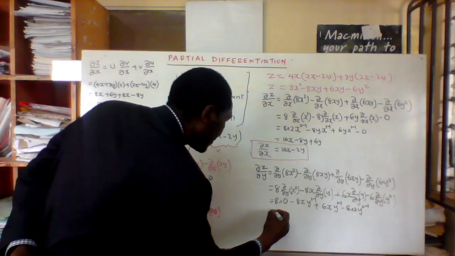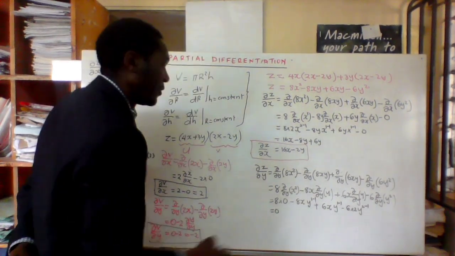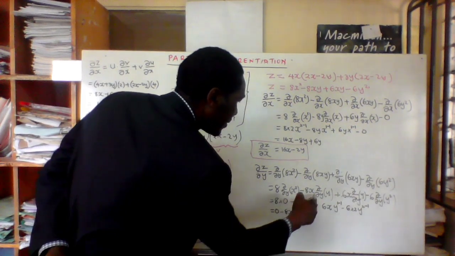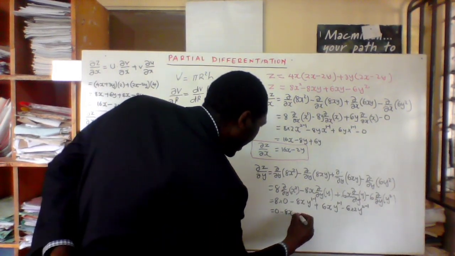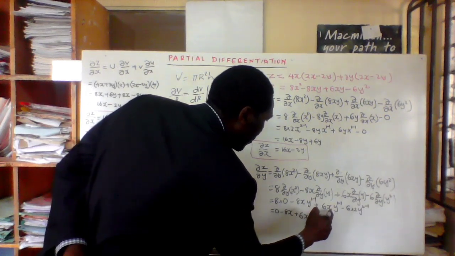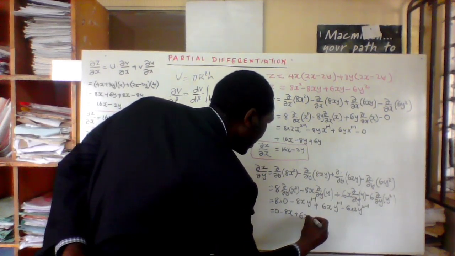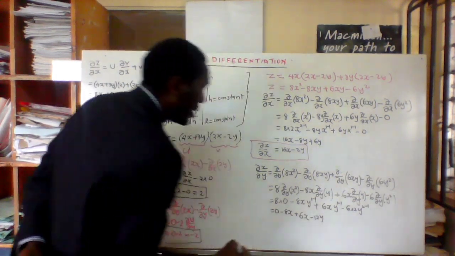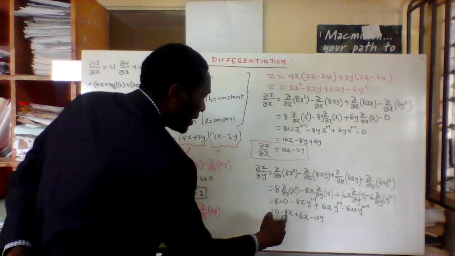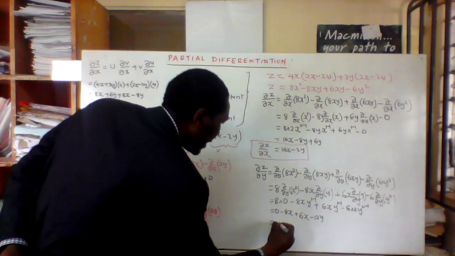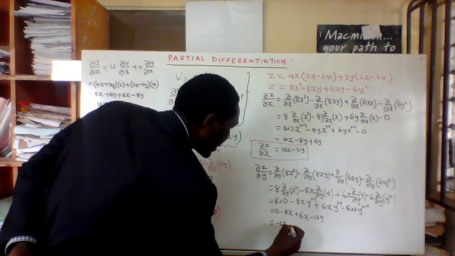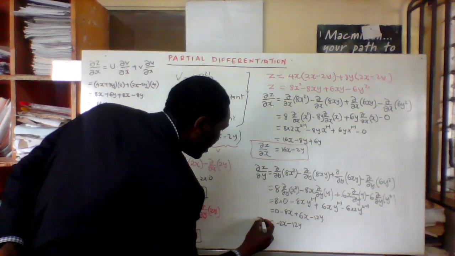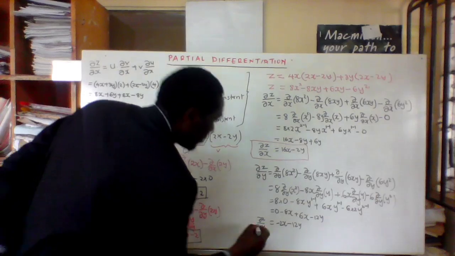Simplifying it gives us the first term is 0, this term is minus 8x, y raised to 0 is 1, plus 6x, y raised to 0 is 1, so we subtract 12 times y. This gives us minus 8x plus 6x is minus 2x minus 12y, that is partial derivative of z with respect to y.